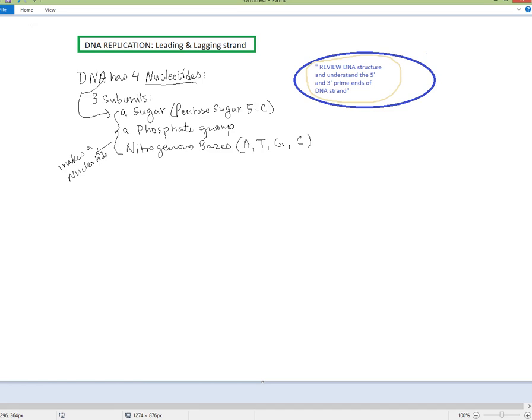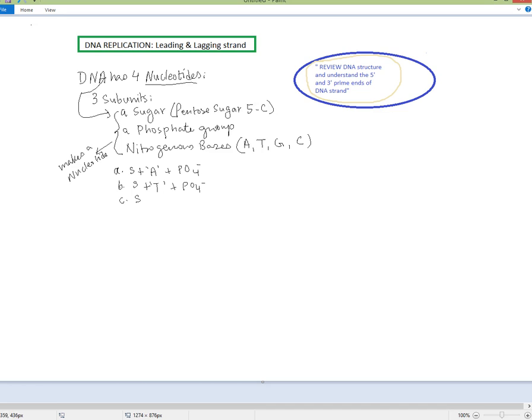So we can say we have a nucleotide A as a sugar plus a nitrogenous base, which is A, plus a phosphate group. Okay, so that is 1, and then the sugar plus T, which is another base, and a phosphate.